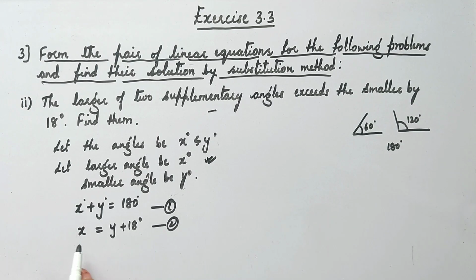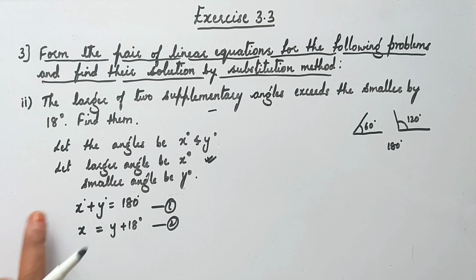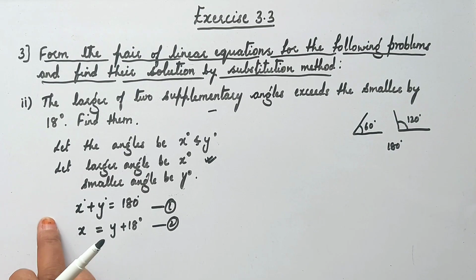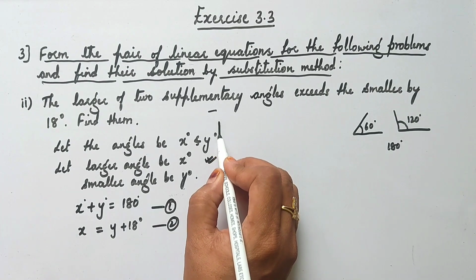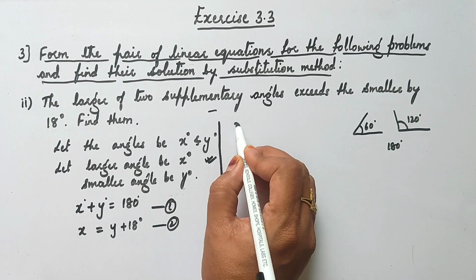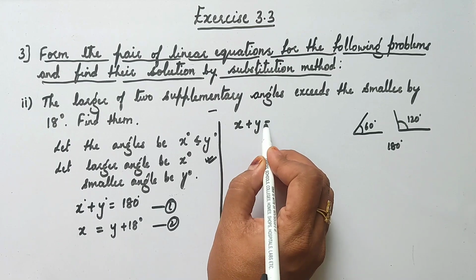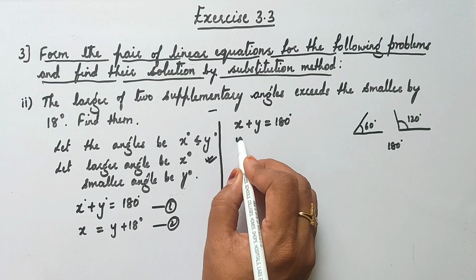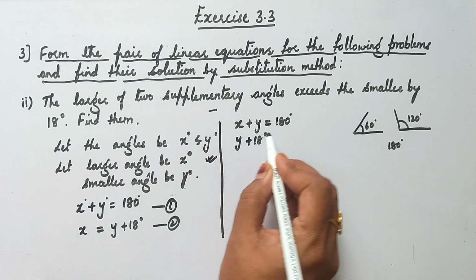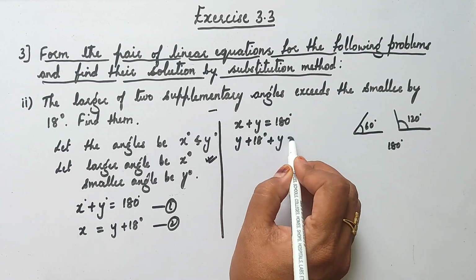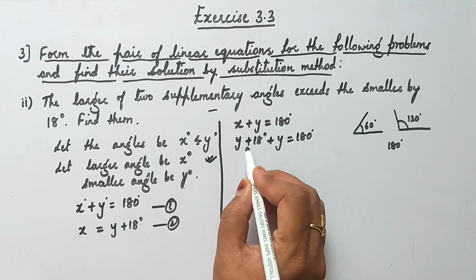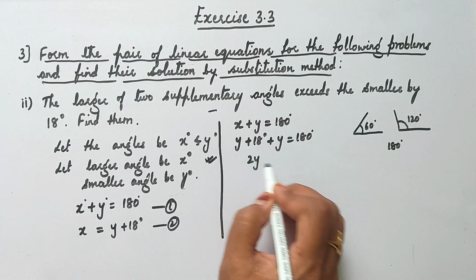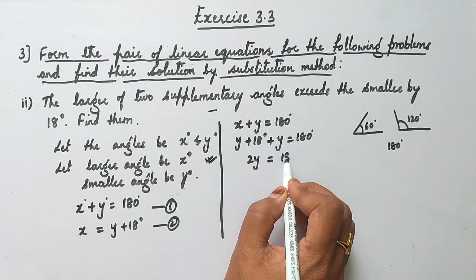Now I am going to substitute the value of x in equation 1. You can directly substitute here and solve. I am going to get x plus y equal to 180 degrees. Now the x value is y plus 18 degrees, plus y equal to 180 degrees. Now y plus y is 2y equal to 180 degrees.